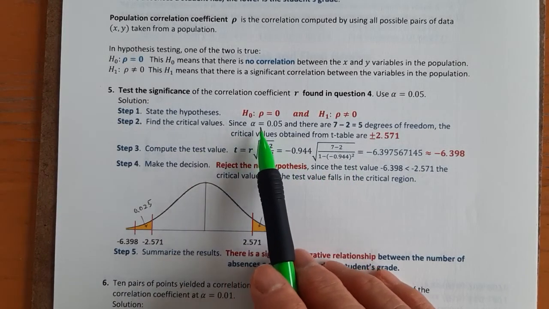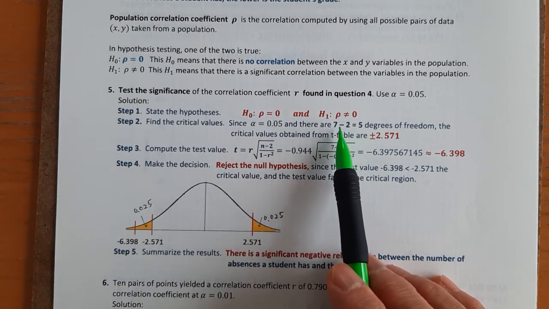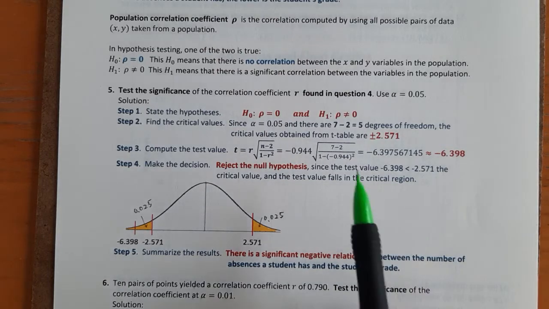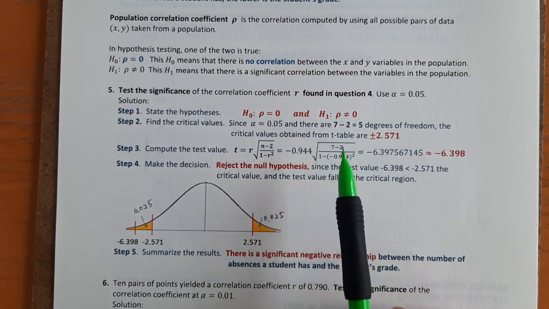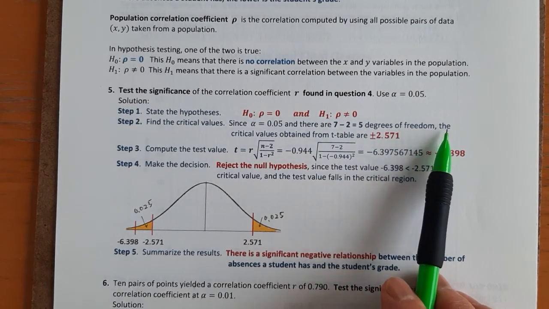Since alpha equals 0.05, degree of freedom is 7 minus 2. It's not minus 1 this time for the correlation coefficient r. When we do testing, for the critical value, degree of freedom is n minus 2. There are 7 students, and 7 minus 2 is 5, the degree of freedom.